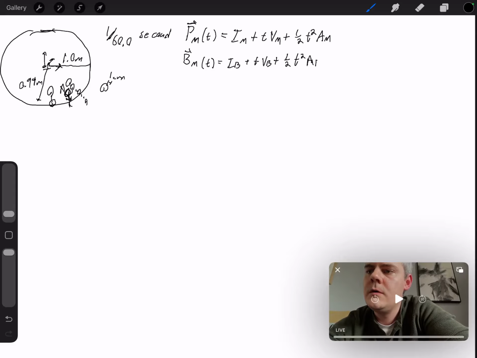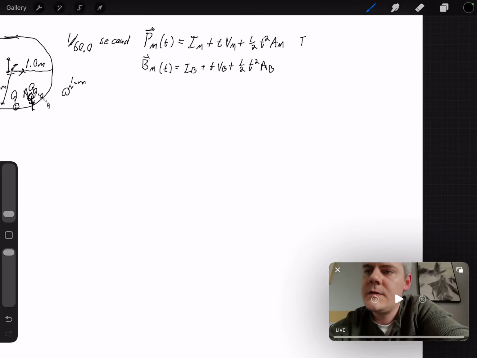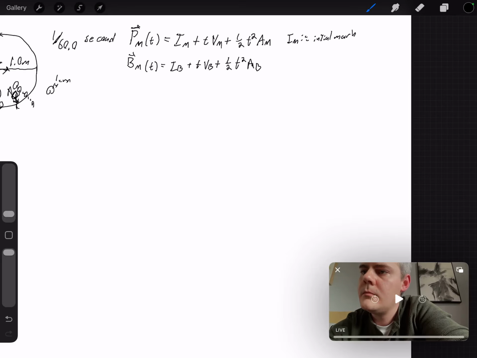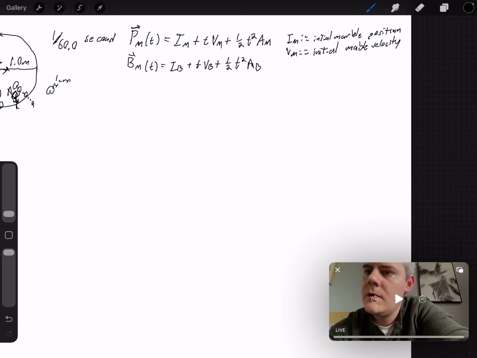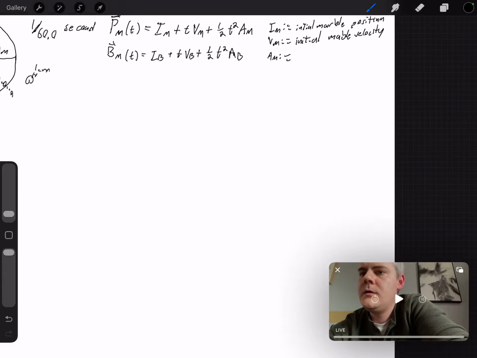Acceleration of ball. And these variables, I guess I'll name them. IM is the initial marble position. Initial marble velocity. AM is just gravity, isn't it?